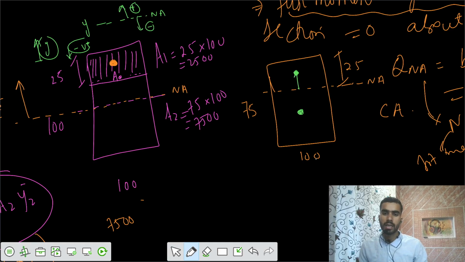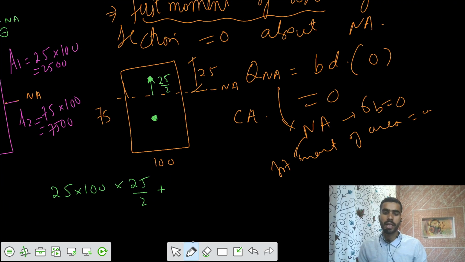Above the neutral axis you take positive, below the neutral axis you take negative. So the centroid 1 is at a distance of 25 by 2. You can write the first area as 25 into 100, with the centroid at 25 by 2, positive. After that you have the next area, 50 into 100, with the total of 50, so the centroid is at 25. You write minus 25, because the point is below the neutral axis.